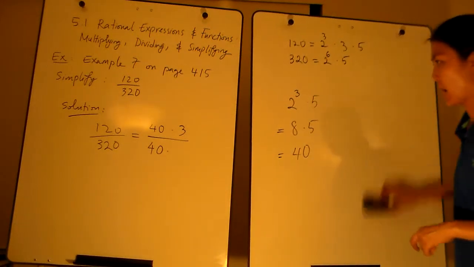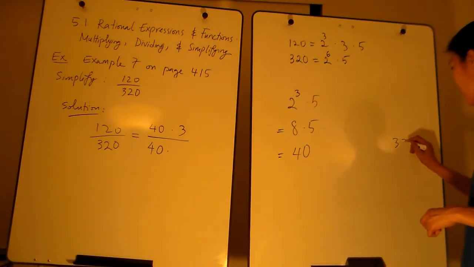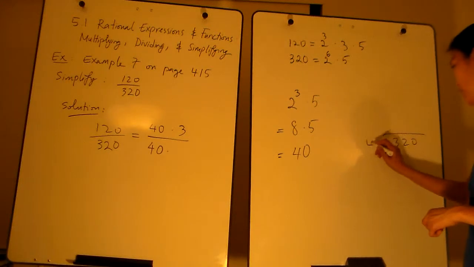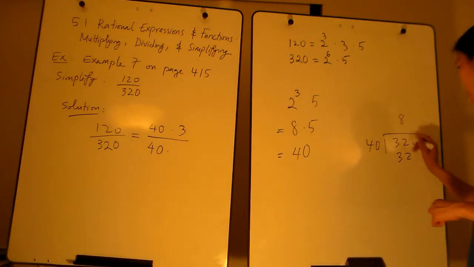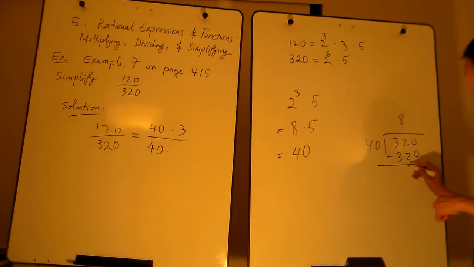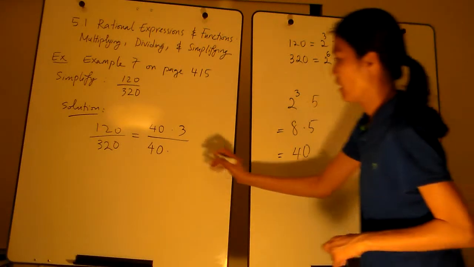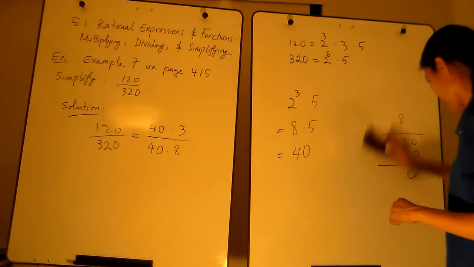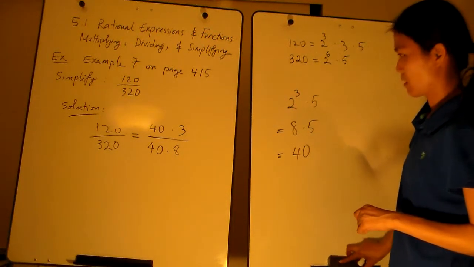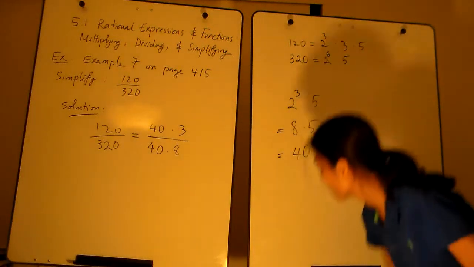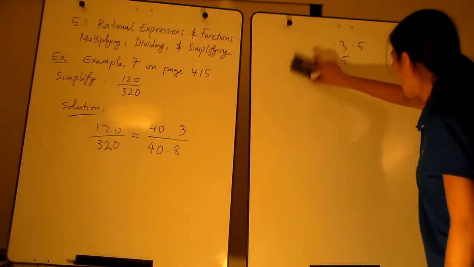How about 320 divided by 40? 8 times 4 is 32, 8 times 0 is 0, subtract, so 8. Let me simplify all this.